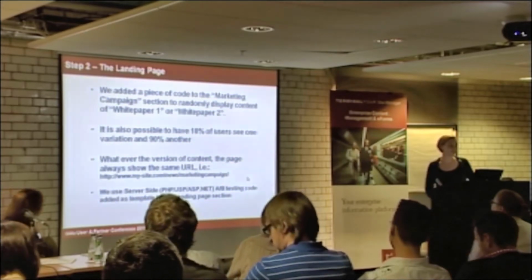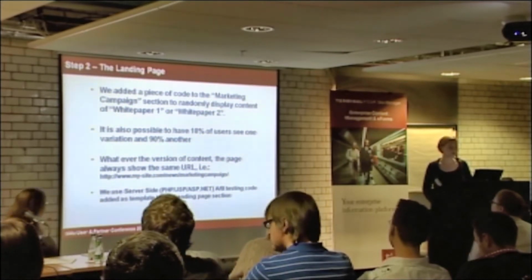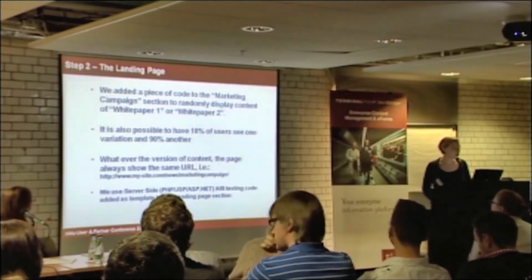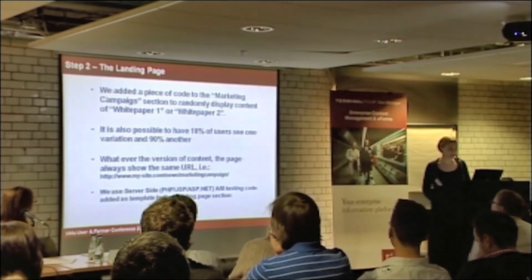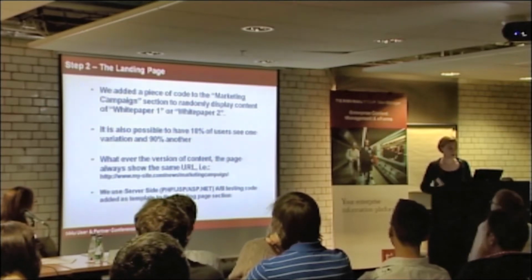Then the second step would be to set the landing page so it works how we want. We added a piece of code into the marketing campaign section to randomly display the content from the two hidden subsections, white paper 1 and white paper 2.